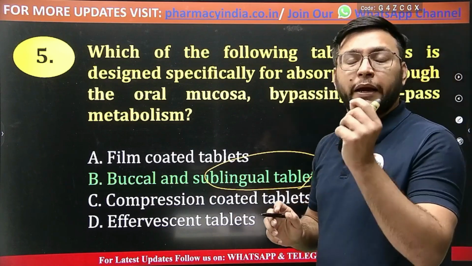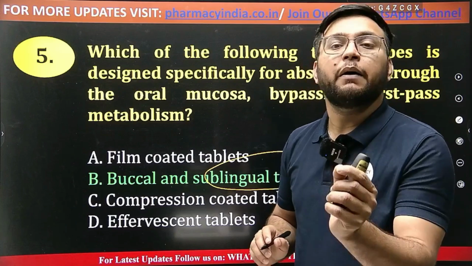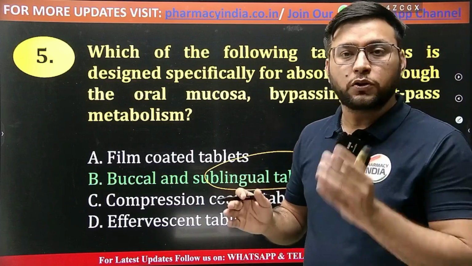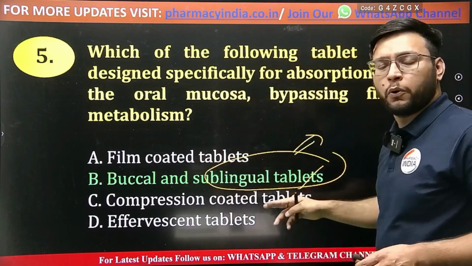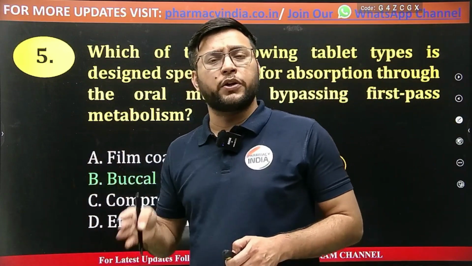By giving the sublingual tablet, it bypasses first pass metabolism, and because of the high capillaries available in the sublingual route, the drug reaches the systemic circulation directly.